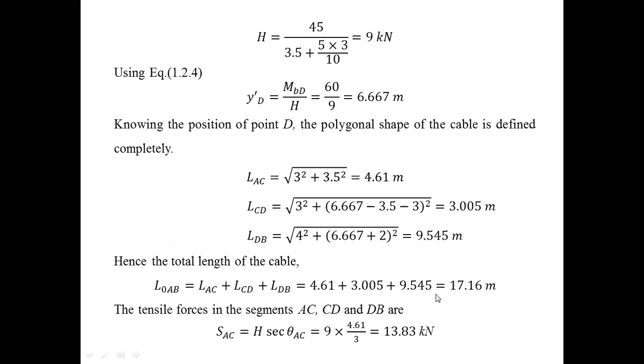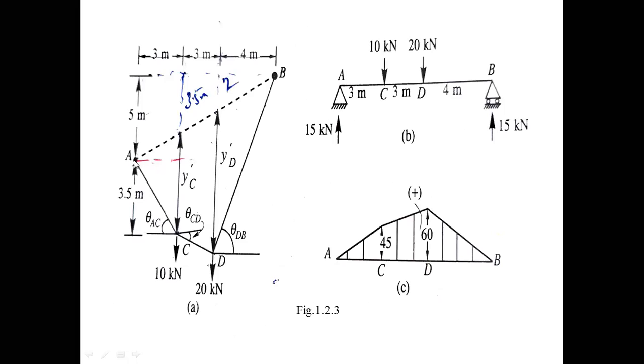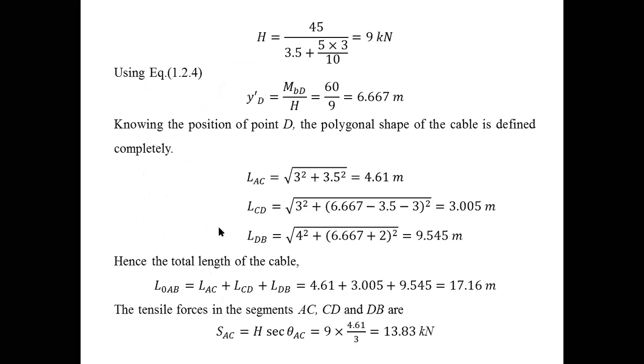So to connect the cable in this position with values from A to B, for a horizontal length of 10 and vertical of 8.5, how much length will be required? 17.16 meters is required, not 10 meters.